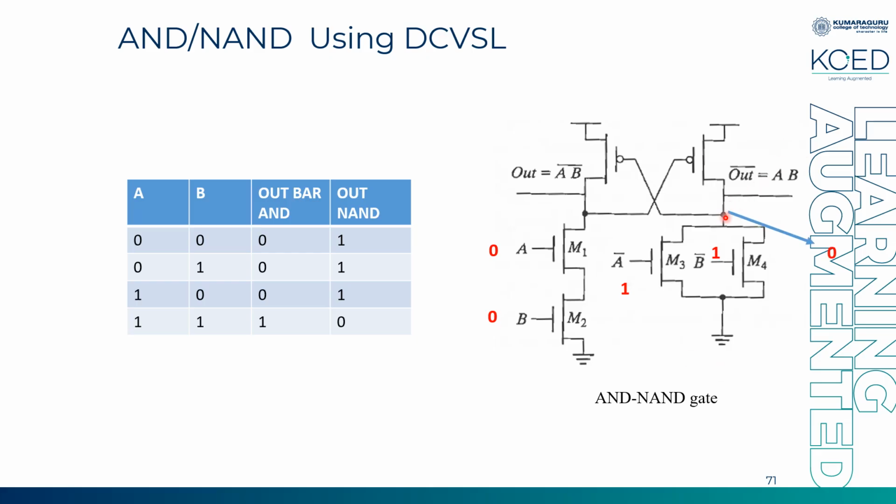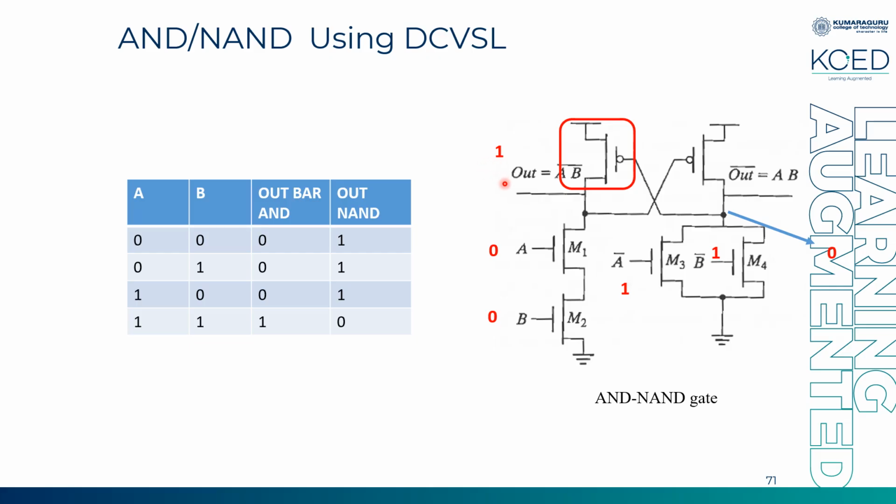You can see this node is connected to this PMOS. So this PMOS will turn on for a 0. If this turns on, what happens? Right from VDD you have a path, so it charges, and you get a 1 over here.